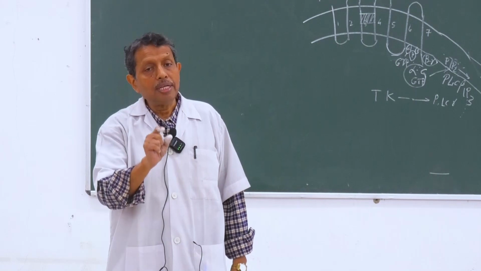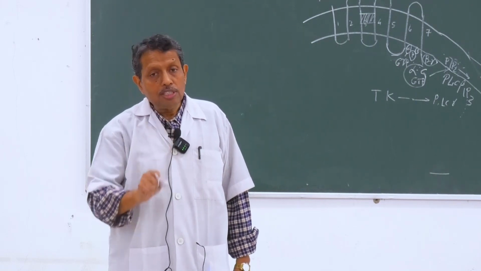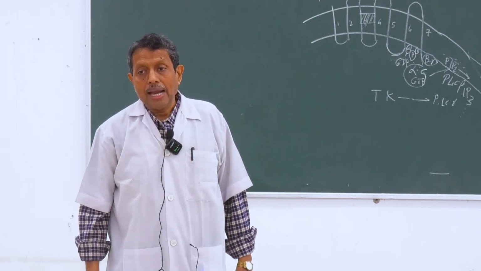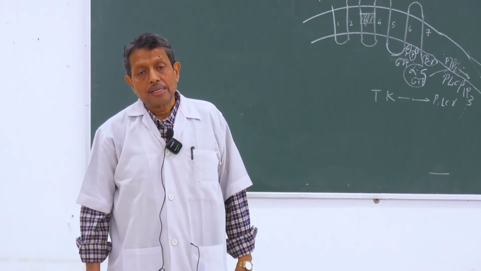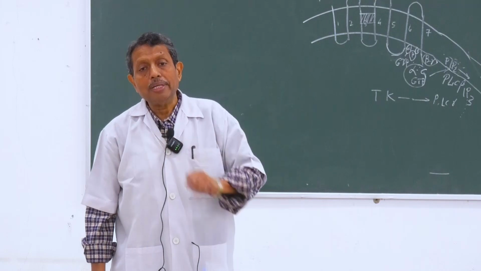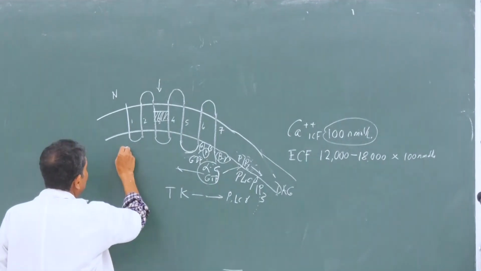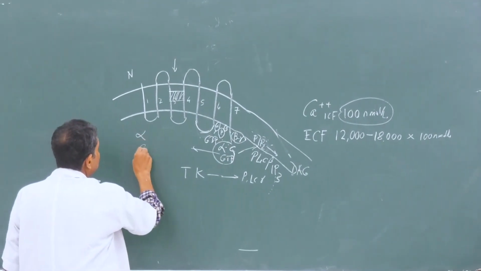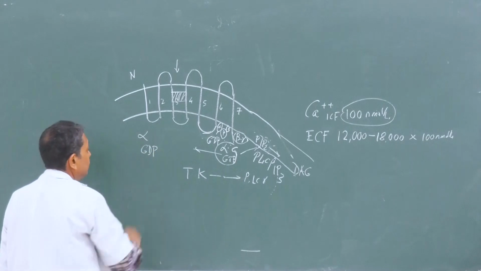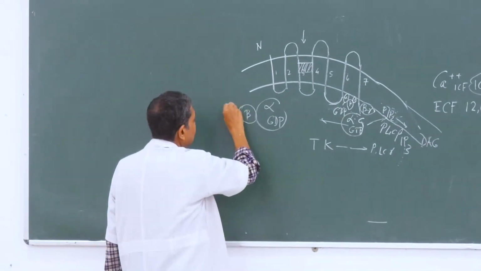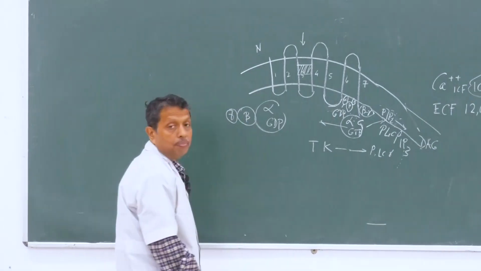And when the alpha unit binds with the GDP, they will reunite, and their functions are suppressed, they become inactive. Then it again binds with the beta and gamma units, and it becomes inactive.